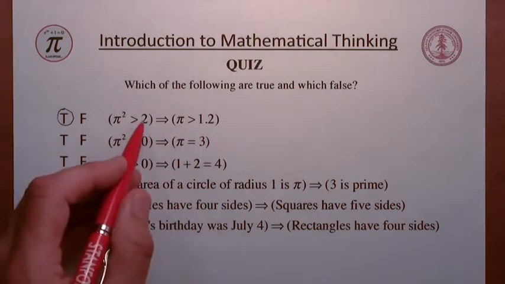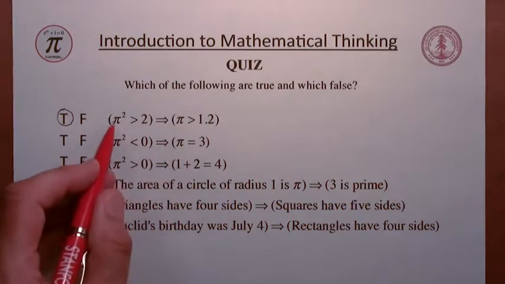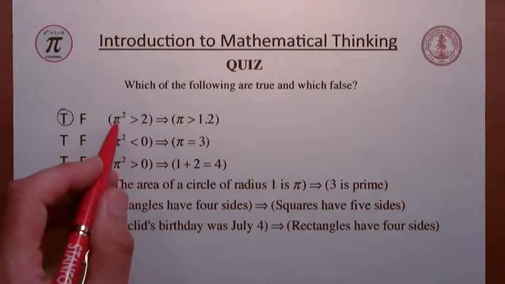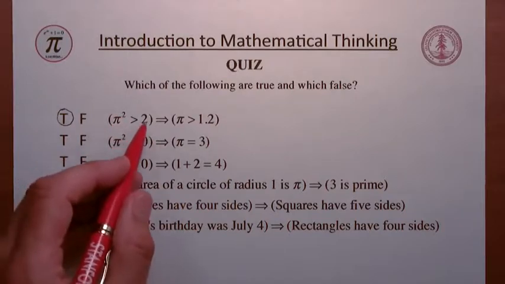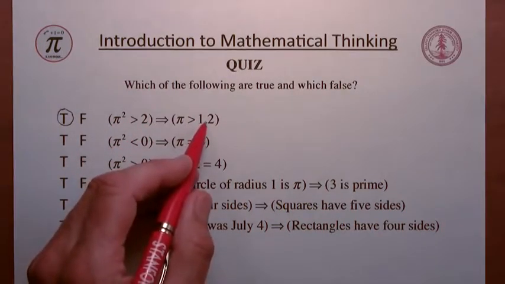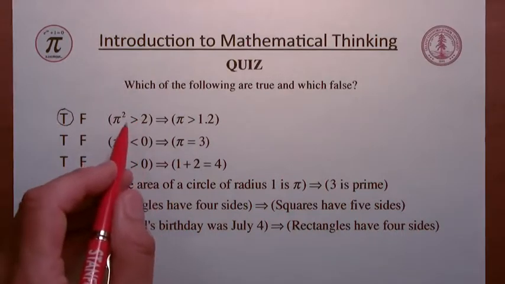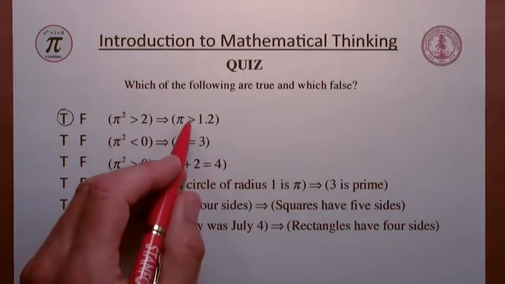Because the square root of 2 is 1.4, etc. So for positive numbers, it doesn't have to be pi, it can be anything. Any positive number whose square is bigger than 2 must be bigger than 1.2. And that would be a case of genuine causation, genuine implication. But in terms of the conditional, it's enough that the antecedent is true and the consequent is true.